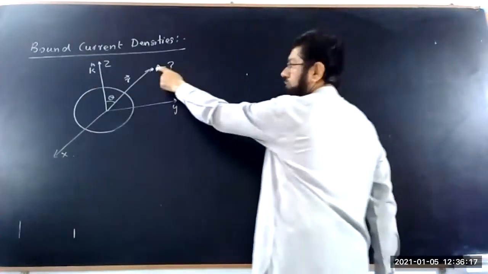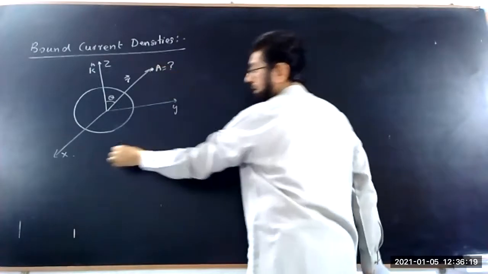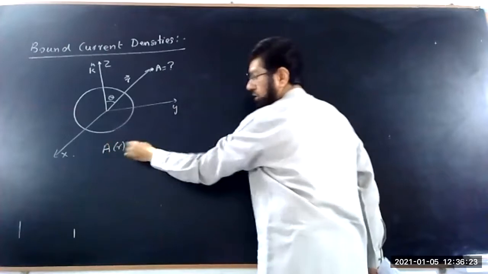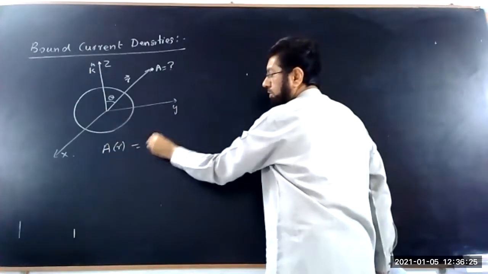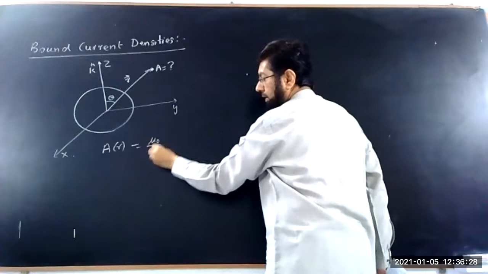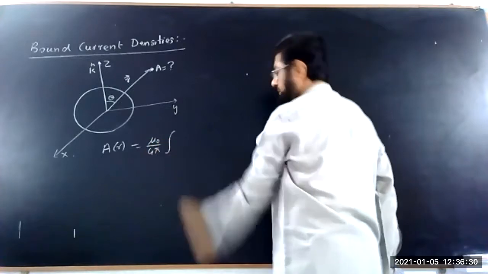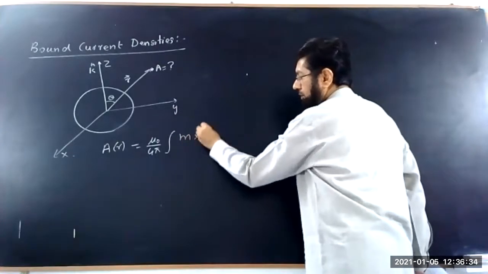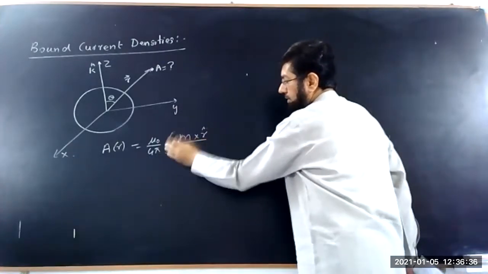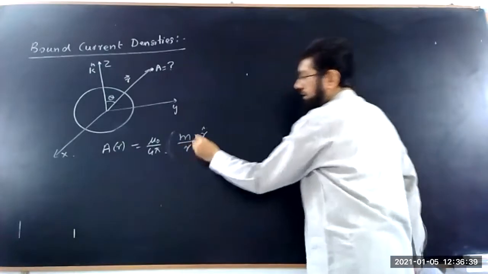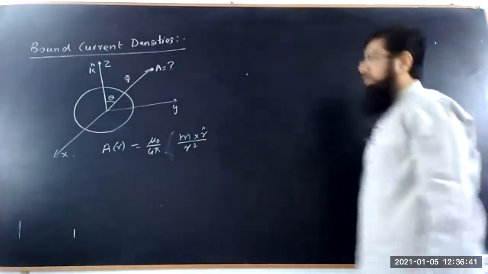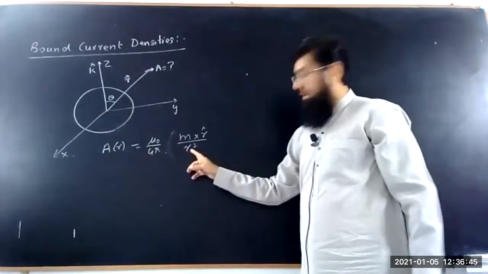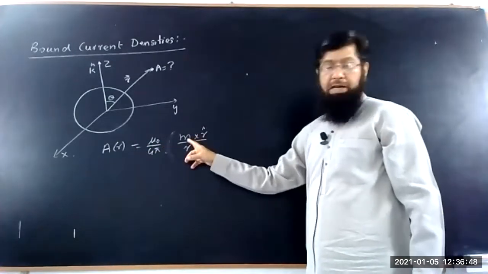The vector potential, a function of the position r, is equal to mu naught over 4 pi times the integral of m cross unit vector over r squared. This is the vector potential at a distance r due to this dipole.